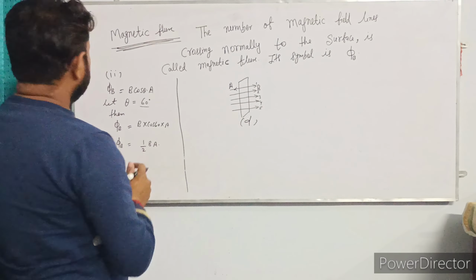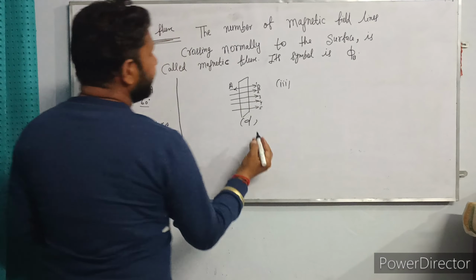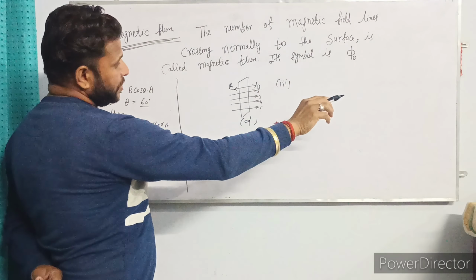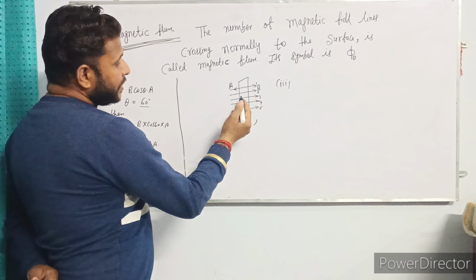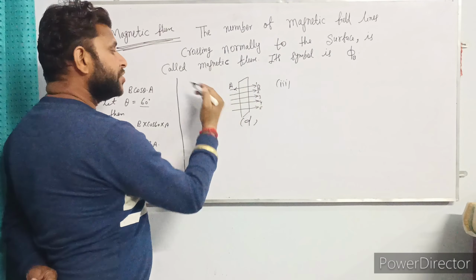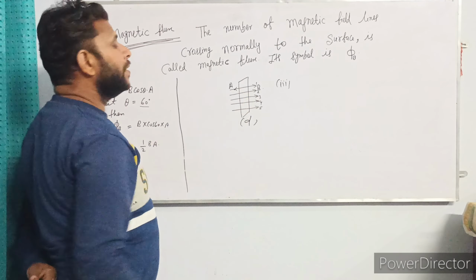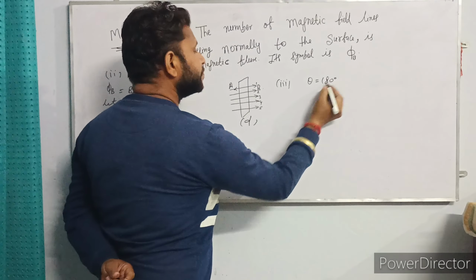It is the third case. When the direction of the magnetic field vector is this side, and we have to calculate the magnetic flux on this side, then here the angle between B and A is theta equal to 180 degrees.